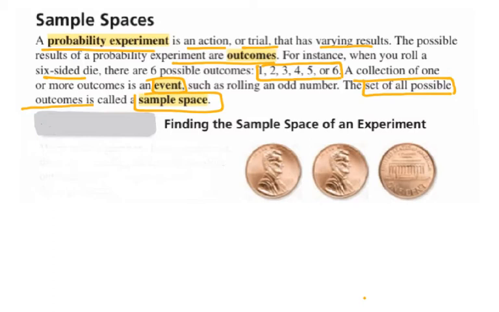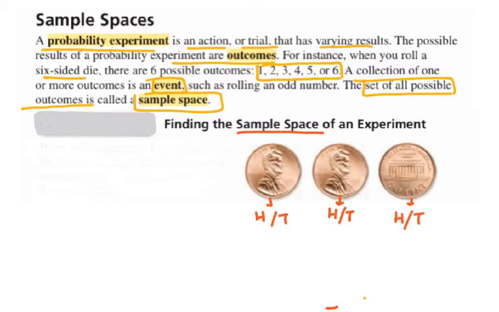All right, so let's see an example where we're supposed to find the sample space for an experiment. The experiment is flipping a coin, and for a coin you could have two outcomes, heads or tails. It could be the same for the second coin, and here also it could be either heads or tails.